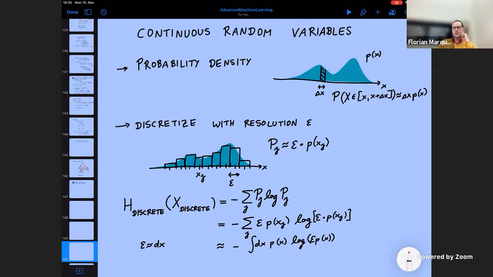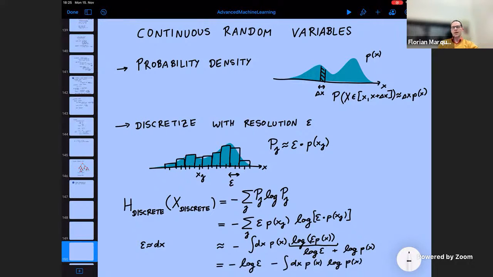But then you see this can be subdivided into two parts, because the log of epsilon times p of x, of course, according to the usual additivity, is log of epsilon plus log of p of x. And so the log epsilon part, of course, no longer depends on x. So I can carry out the integral, which is easy because the integral over the whole probability density, p of x, is just 1 by normalization. So what I get in the end is minus log epsilon minus the integral of p of x log p of x.